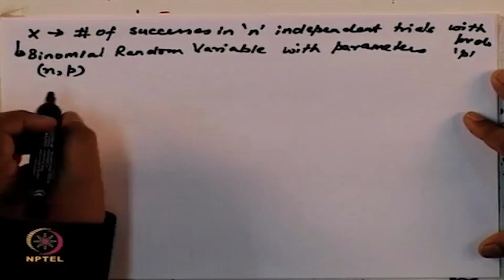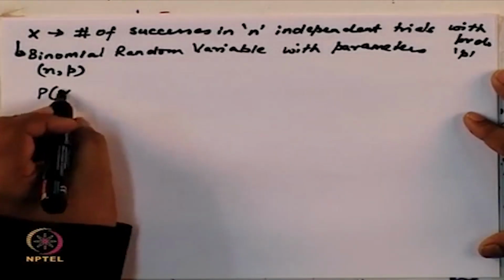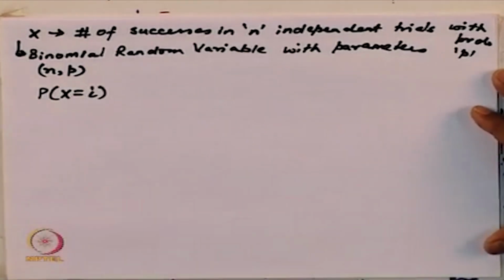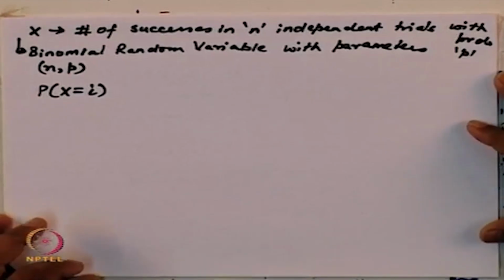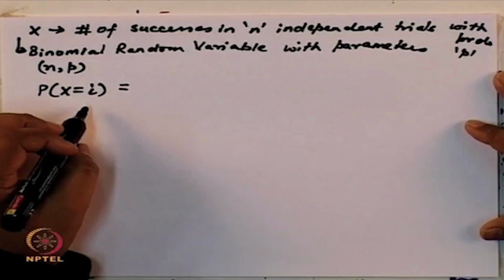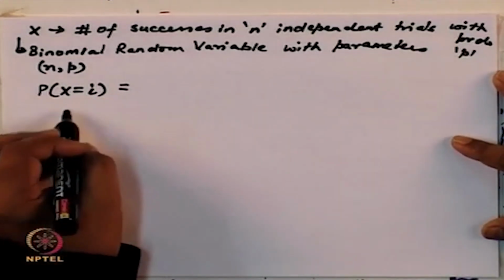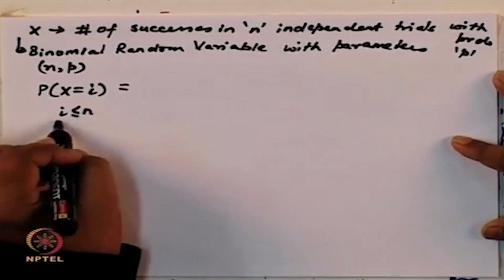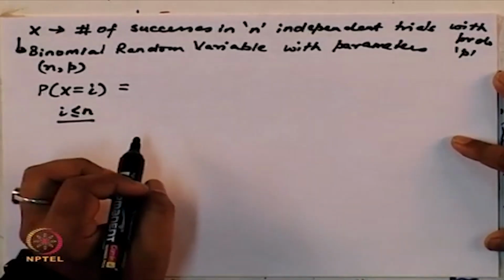In this case we can compute the probability of x equal to i. That is, you want to have i successful events from n trials, where i is of course less than or equal to n, because n is the total number of trials.